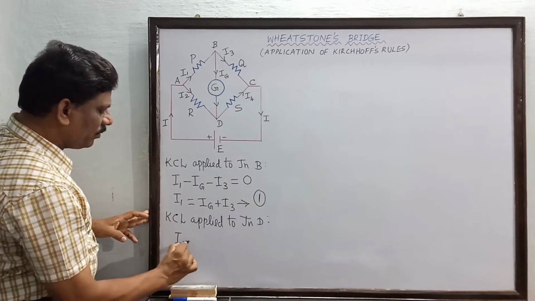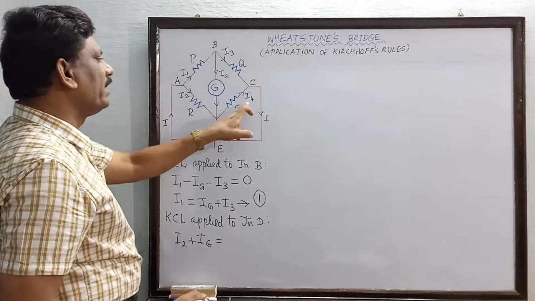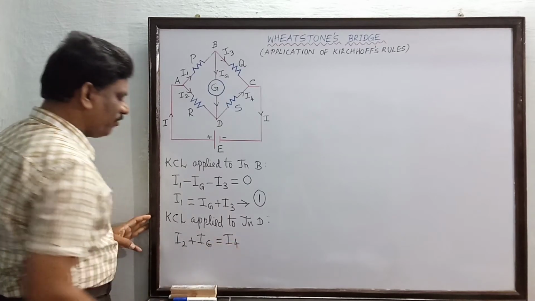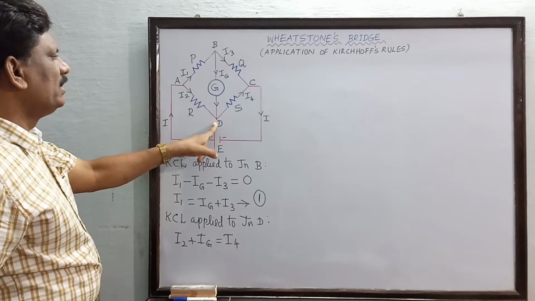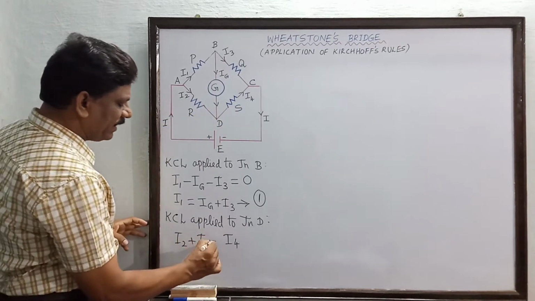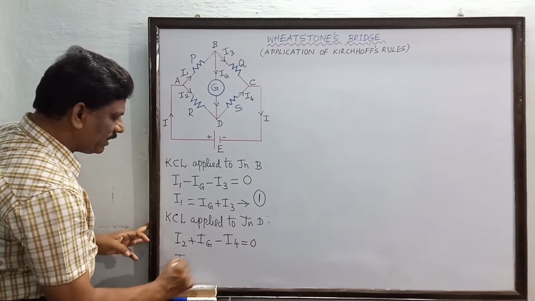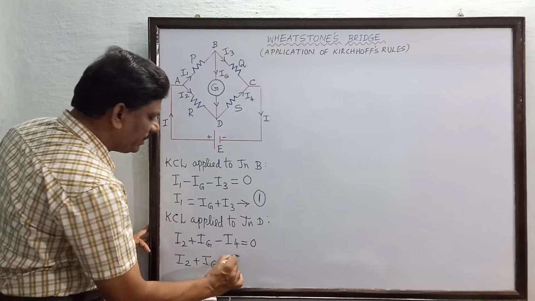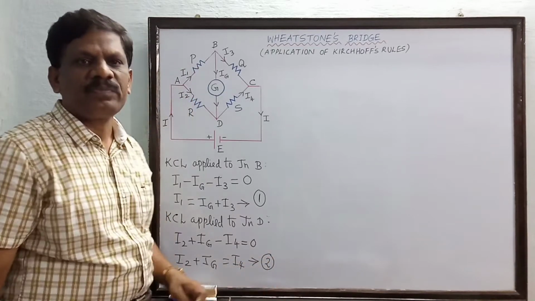So I2 plus Ig must be equal to the current I4 which is leaving the junction. So I2 plus Ig minus I4 must be equal to 0. Or otherwise I can shift the I4 term to the right side, so I2 plus Ig is equal to I4. Both are one and the same. This is equation 2.